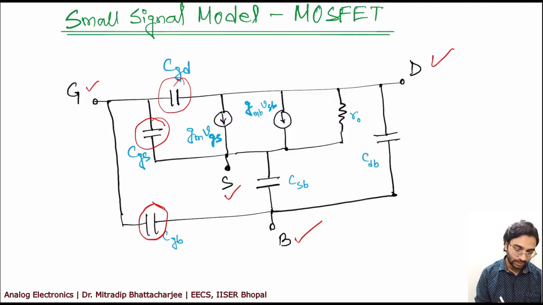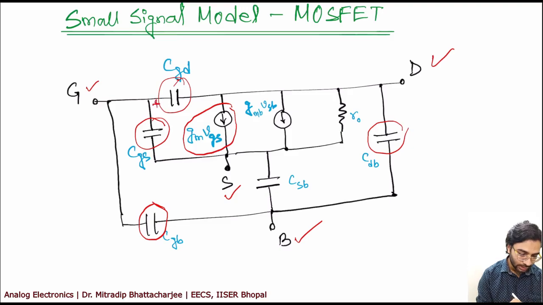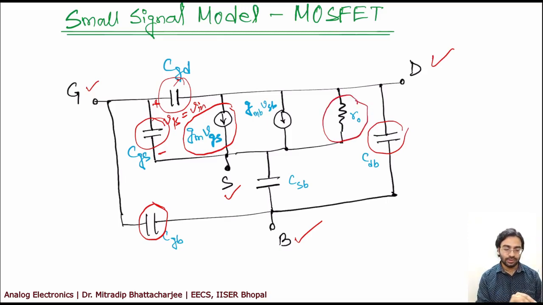If you have a drain-bulk capacitance, it is put between drain and bulk. So it is not very difficult to realize this small signal model of the MOSFET. You have the current source gm VGS, an input voltage VGS, which is your Vin, and this is your output resistance ro. So everything I have calculated.